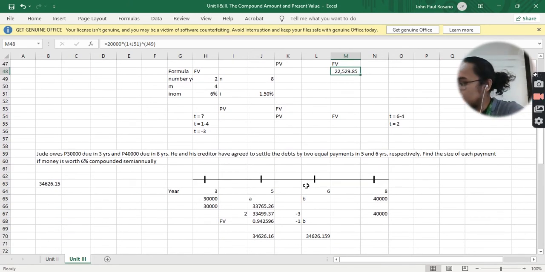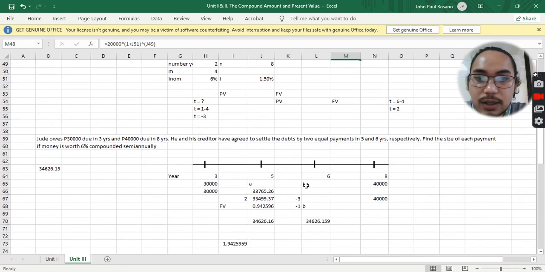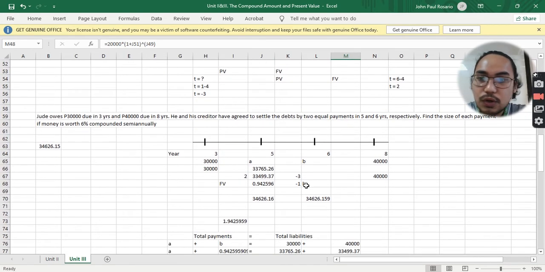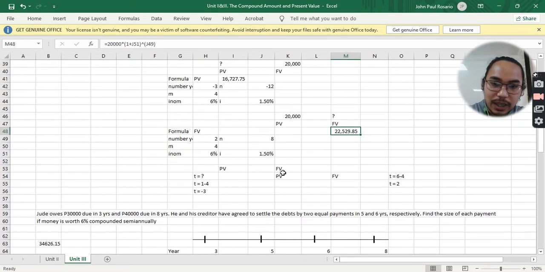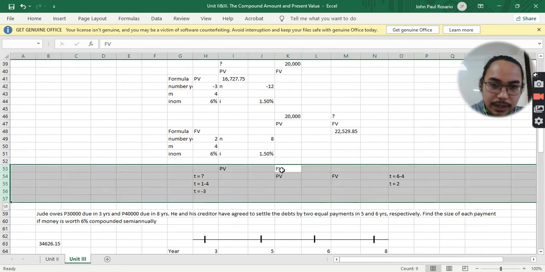We were done with fractional time and equivalent values. So, for our second example for equivalent values, Jude owes money. I can just delete this part because it's already discussed there. It's just how I solved for how much did we go backwards, or how long did we go forwards.